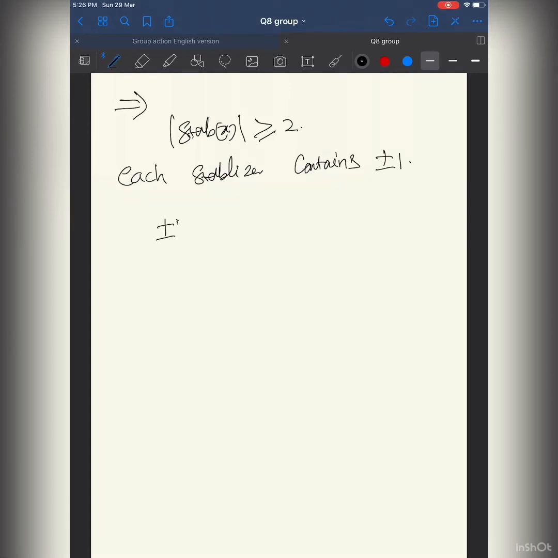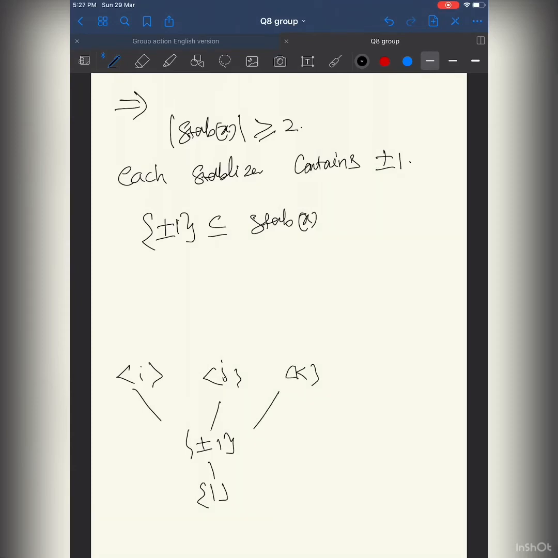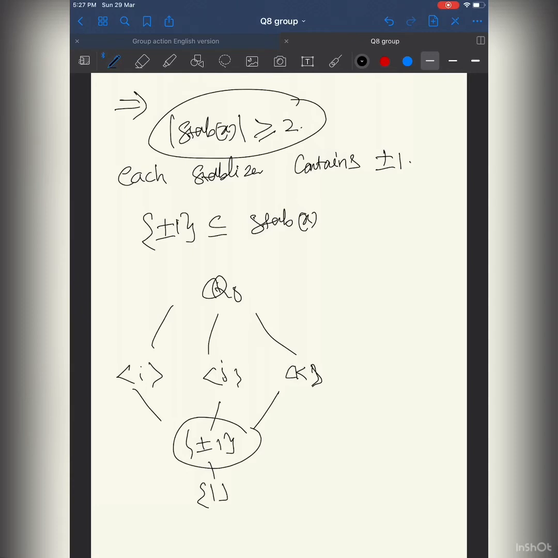Because each stabilizer has at least order 2, and the subgroup lattice has plus or minus 1, 1, then the subgroups generated by i, j, and k, everything follows since there is only one subgroup of order 2.